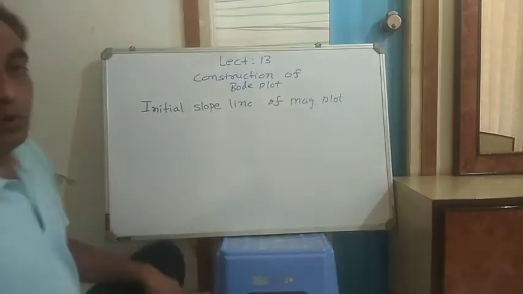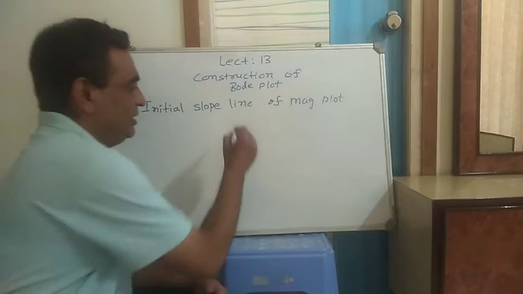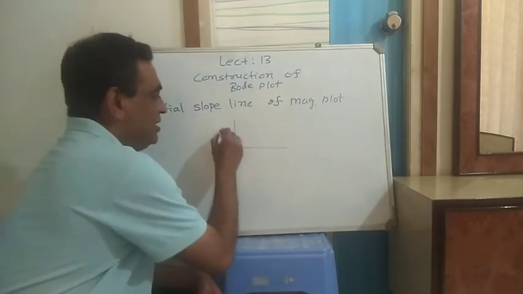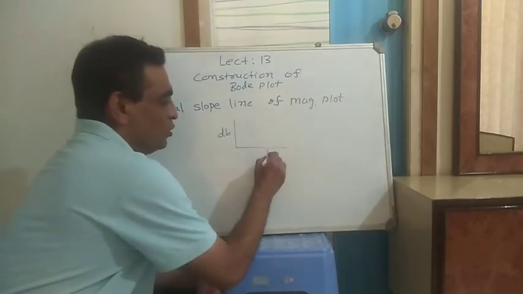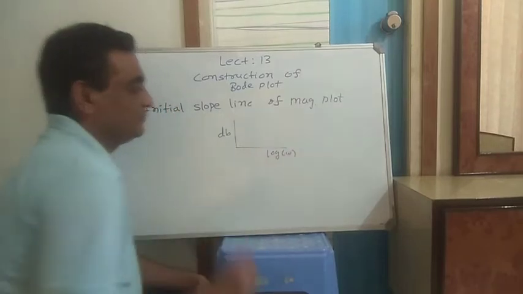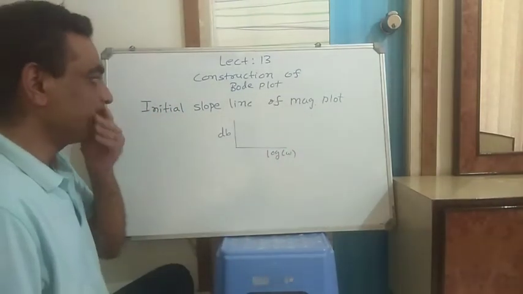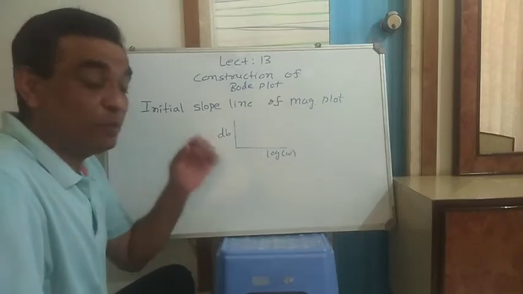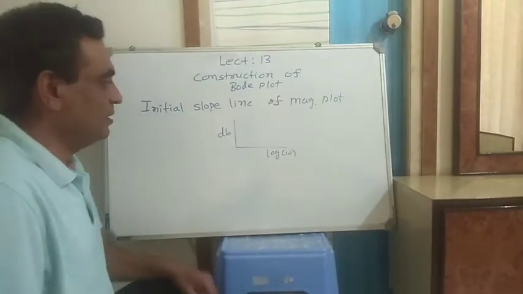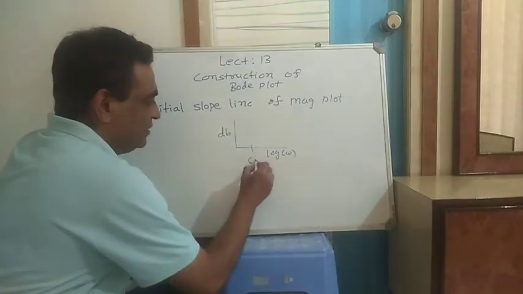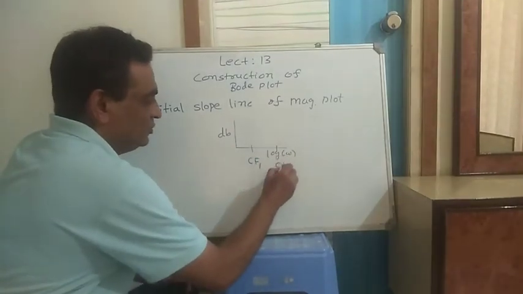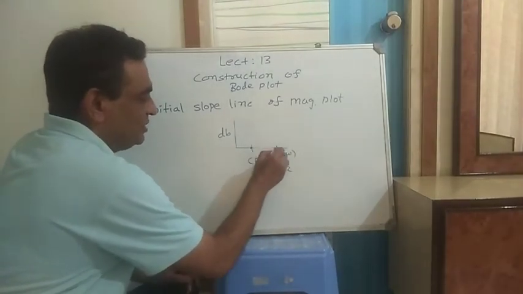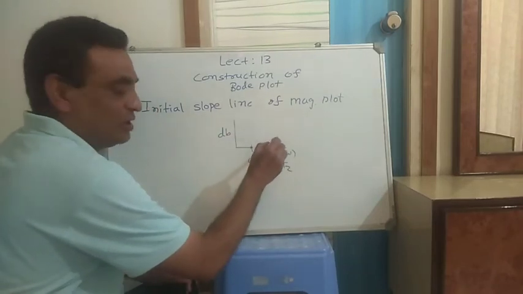So we know that the magnitude plot is the magnitude in dB versus log of omega. Okay, this is the magnitude plot. We also note the importance of the corner frequencies. Let's say these are the corner frequencies, CF1 and CF2. At these frequencies the slope of the magnitude curve will change.